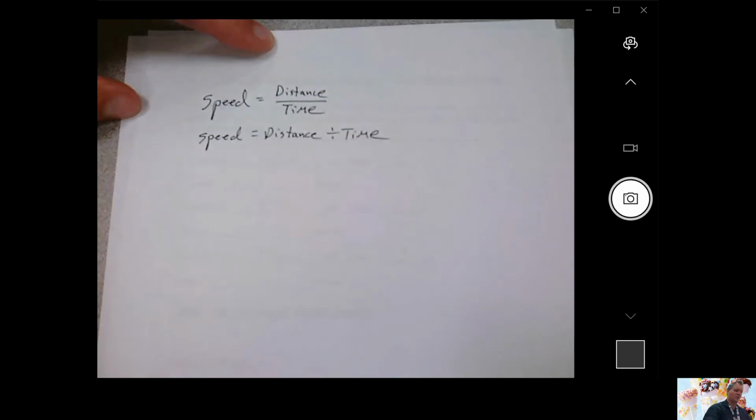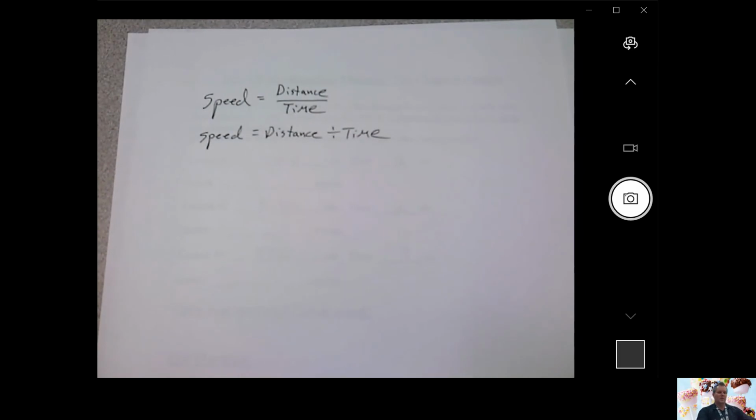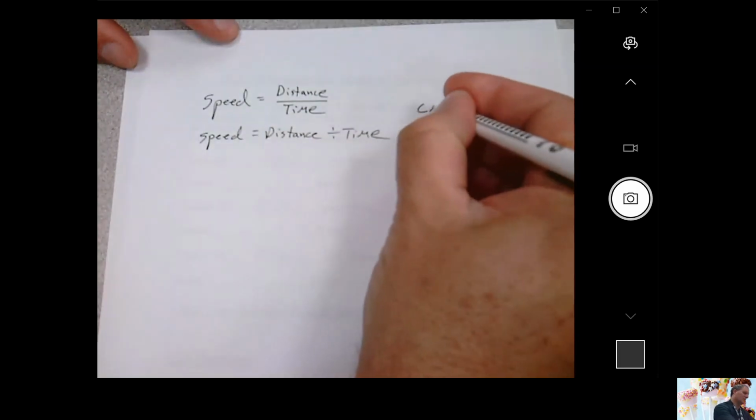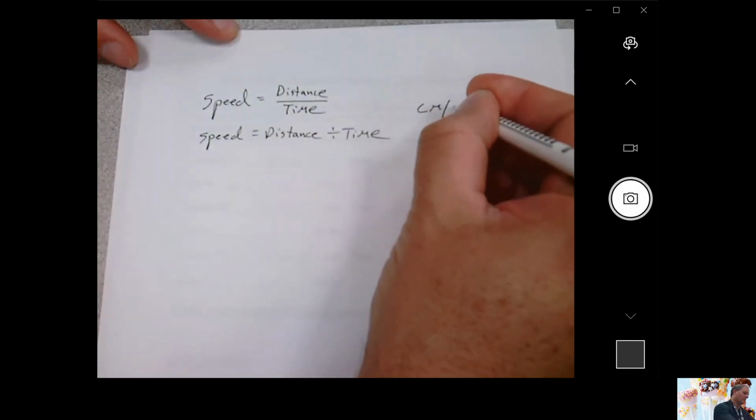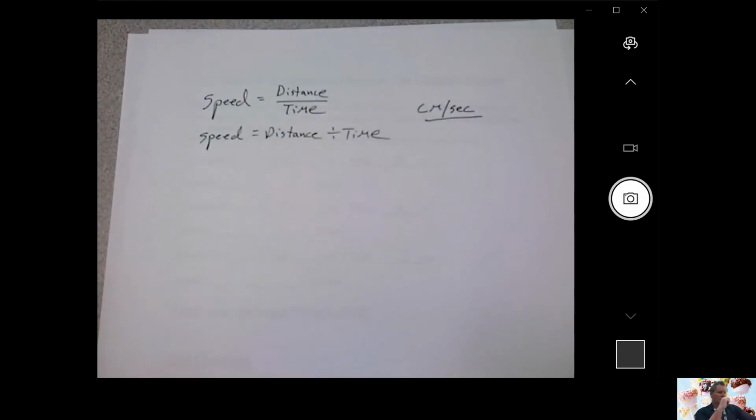These are math equations for finding the speed. And obviously you would have your units. In this case, it would be centimeters per second, which just means for every second, it's going to cover that many centimeters. So that tells you the speed, like miles per hour in a car. You know you're covering that distance within that time frame.